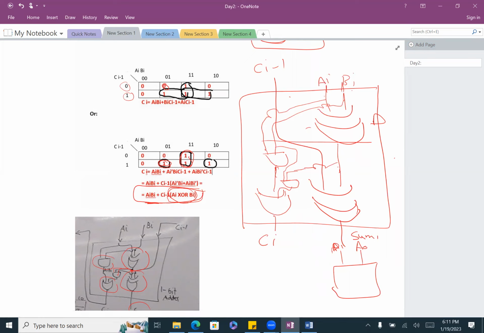Through how many gates does the sum go through? No, only the sum one. The sum is going to go through this gate, then through this gate, correct? So how much is the delay for the sum? It's 2 delta. Now, how much for the carry?